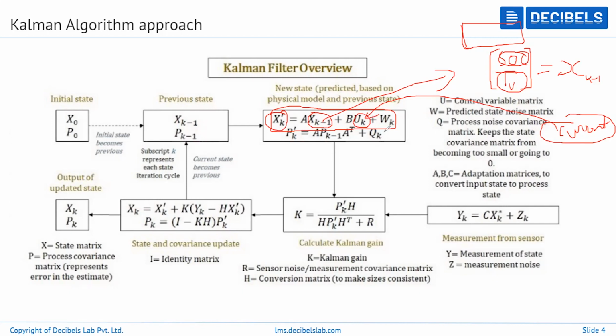The last one is noise. Right now we won't focus on this part, let's forget it. So the state is where we represent the parameters we want to estimate, and these states are influenced by other parameters, which we represent in the U matrix, the input matrix.